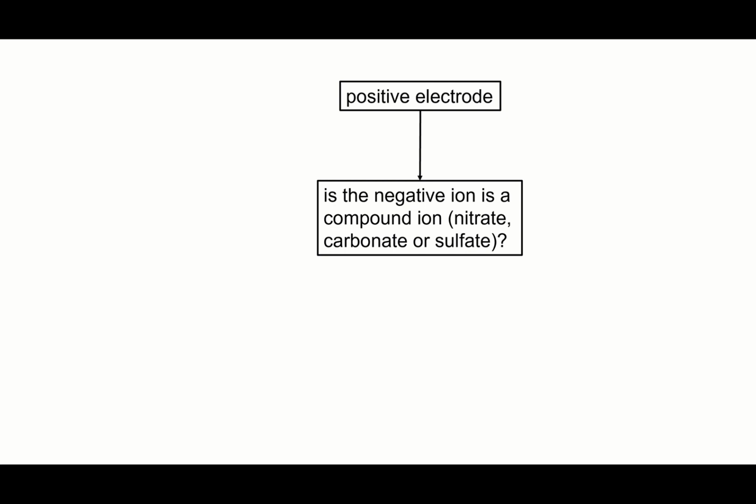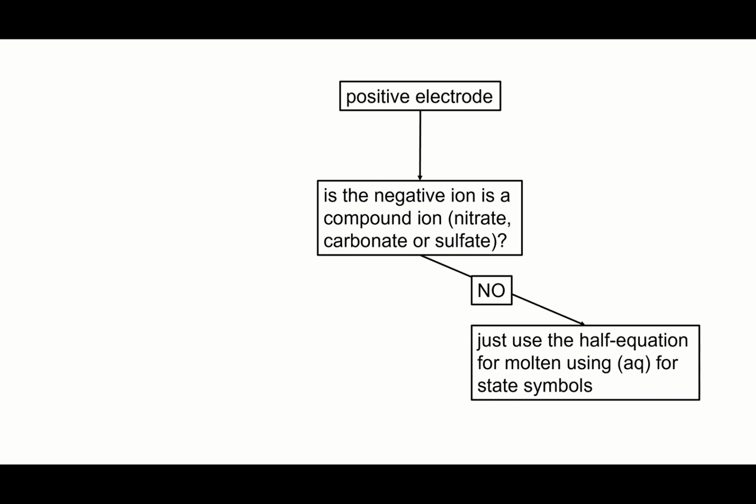A compound ion is something like nitrate, carbonate, or sulfate. If the answer is no, then the half equation is exactly the same as we would have had for a molten ionic substance. But instead of having the liquid state symbol, we now have an aq state symbol.